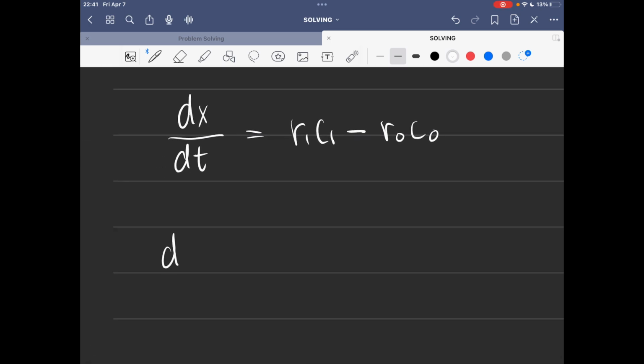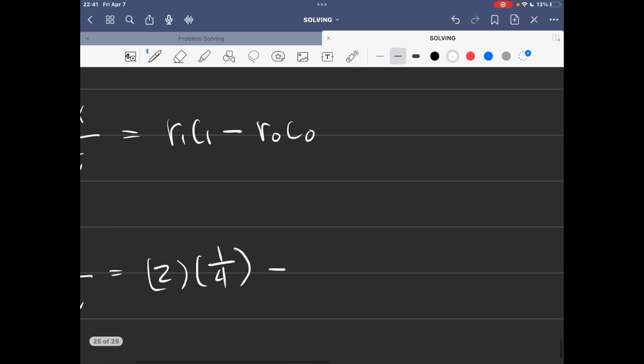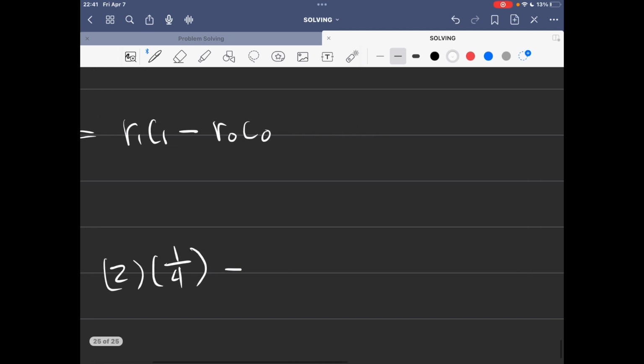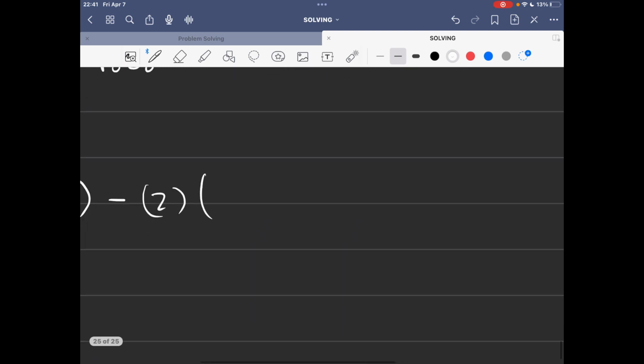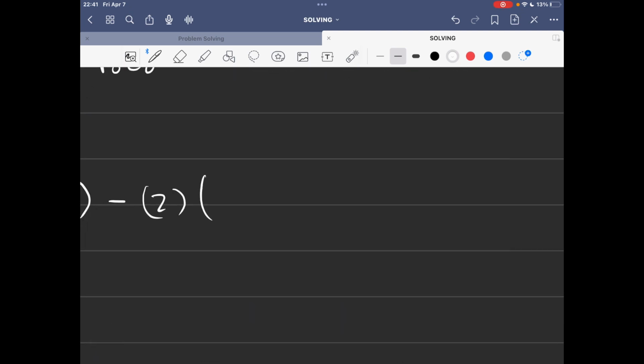So dx over dt is equal to R sub I, which is 2, times C sub I, which is 1/4, minus R sub O, which is the same as R sub I, so 2 times C sub O, which is equal to X over 200.